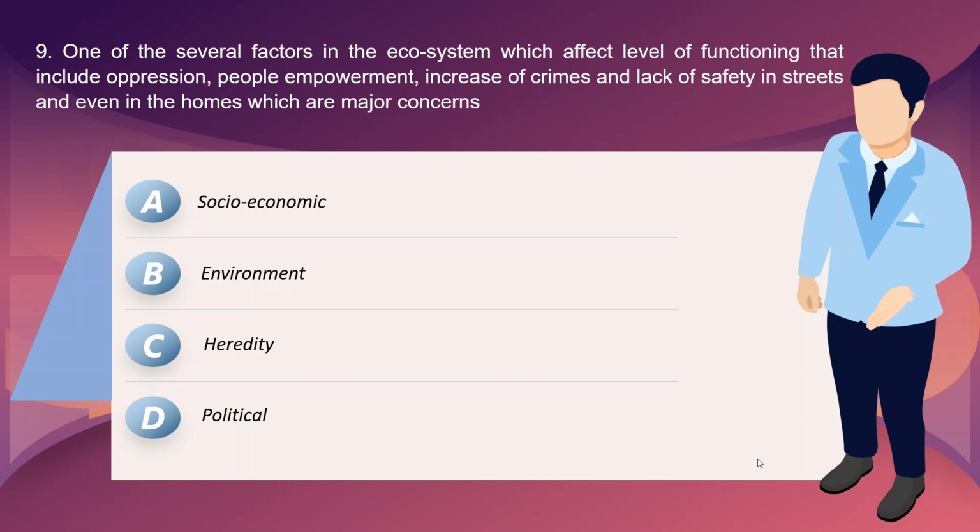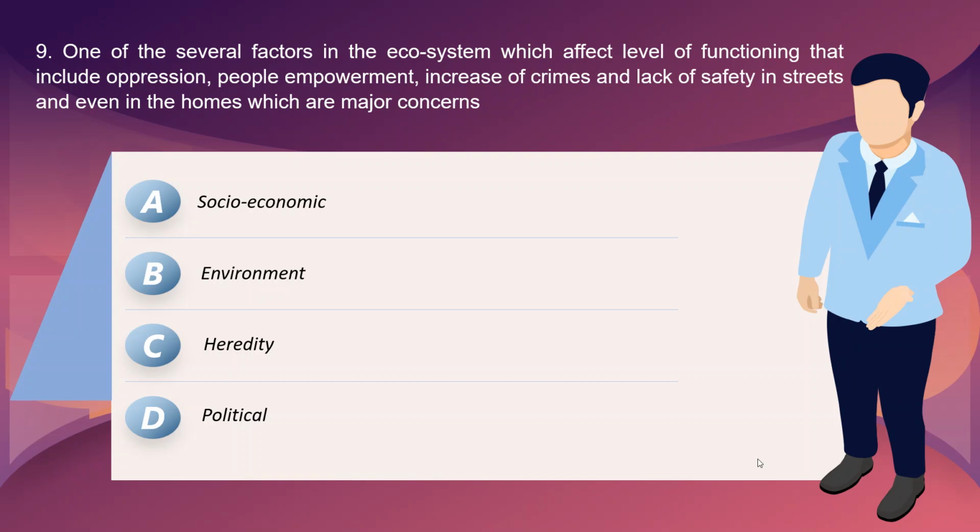Because political determinants of health include policies, power, and governance that shape safety, promote justice, and determine resource distribution. That is part of public health scholarship as promoted by the World Health Organization.